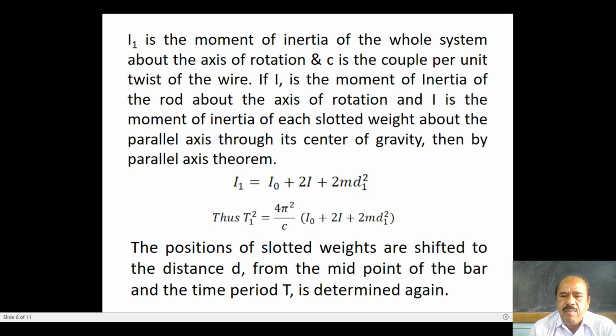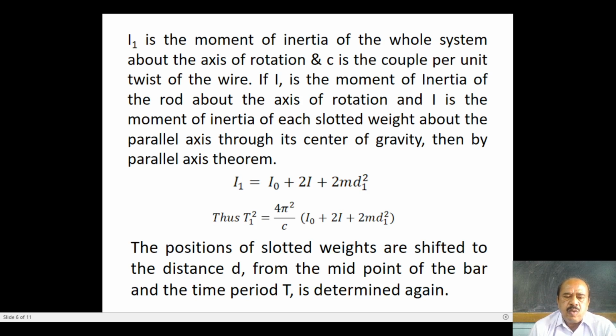If I0 is the moment of inertia of the rod about the axis of rotation and I is the moment of inertia of each slotted weight about the parallel axis through its center of gravity, then according to the parallel axis theorem, we can write the moment of inertia of the oscillating system I1 as I0 plus 2I plus 2m d1 square.